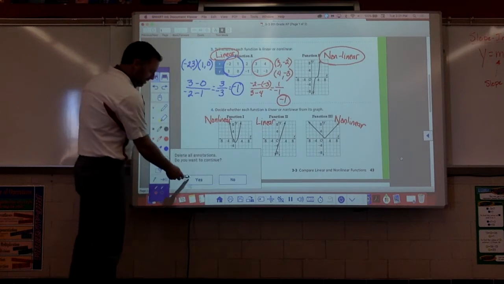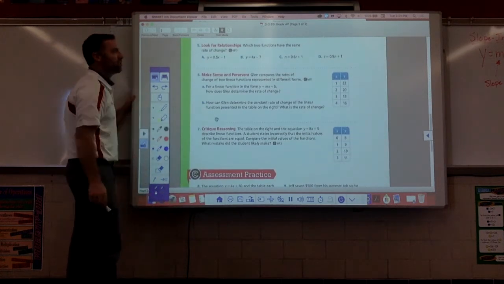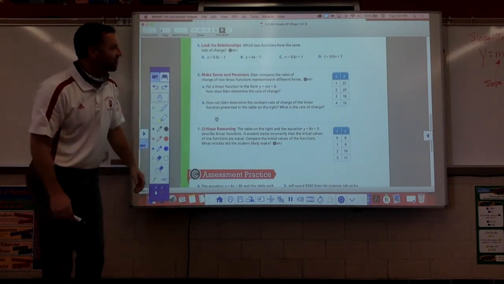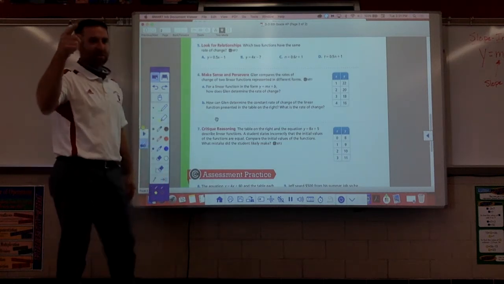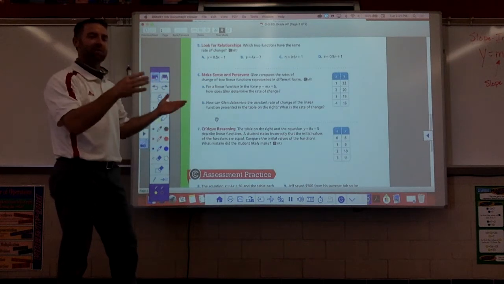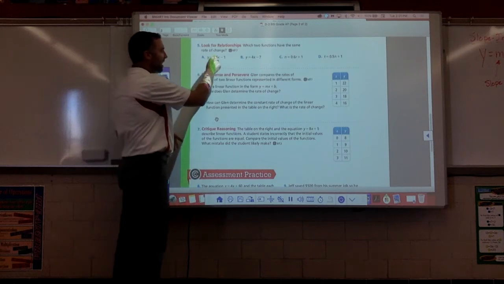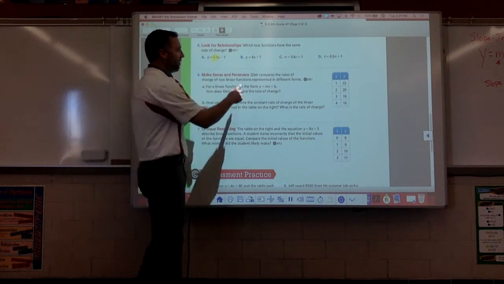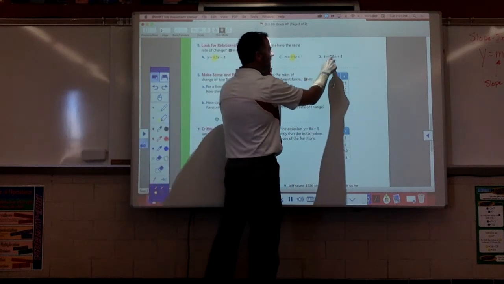All right, well, let's go to the back. Page 46. Which two functions have the same rate of change? Now, folks, we should be trained to look to see rate of change is the coefficient of the variable, or in this case, the number beside the variable. Let's highlight those numbers. 0.5, 4, 0.6, and 0.5.